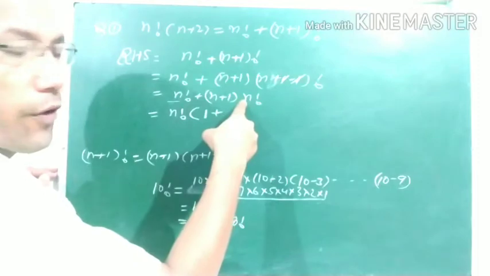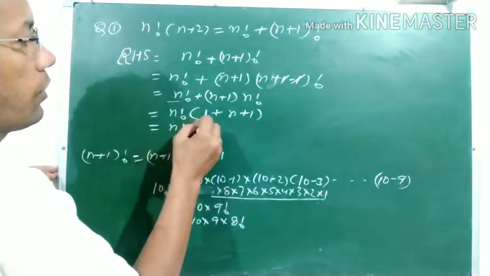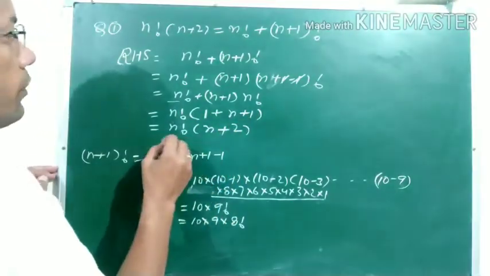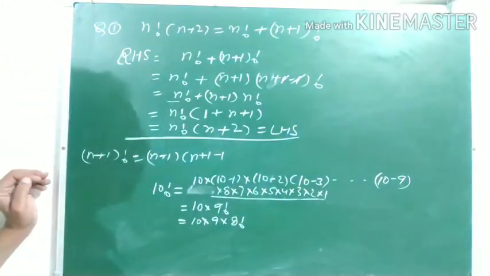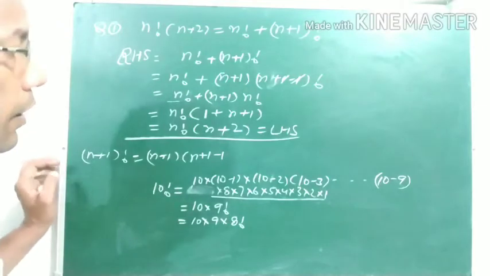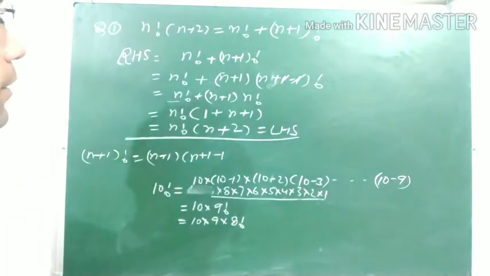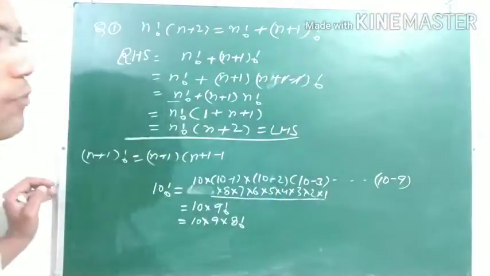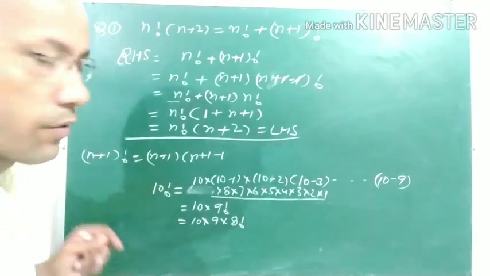This is n factorial into n plus 2, which is equal to the left hand side. Hence proved, right? I hope you understand this now. It's quite easy from the right hand side, and if you want to try it from the left hand side, you can try it.